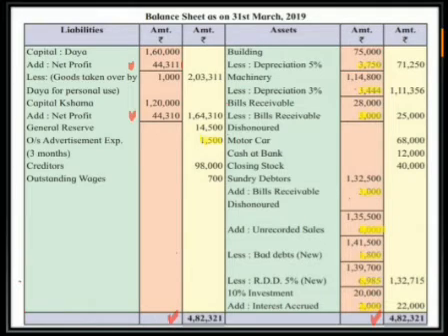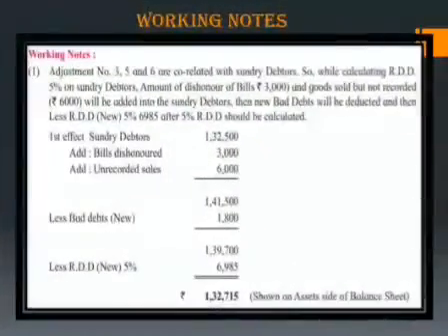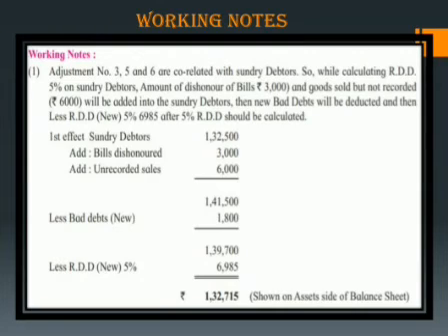Now for your reference, I have made the working notes. These working notes you also have to prepare because the calculation part we have to show to the teachers as well as for our reference also. If you will observe, the sundry debtors amount 1,32,500, add bills dishonored, add unrecorded sales, less bad debt, and the main part is RDD.